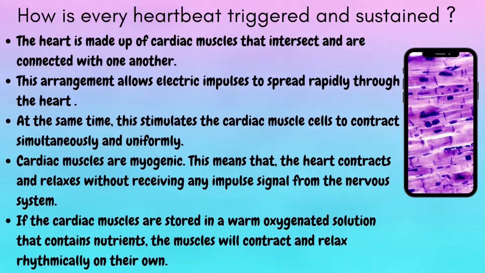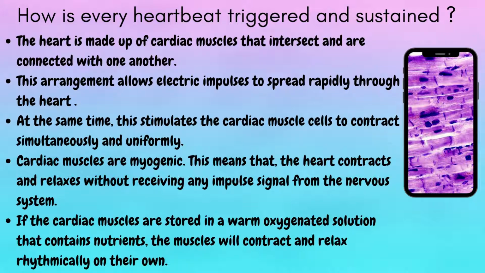So it sends electric impulses at a fast rate throughout the heart, and this happens because cardiac muscles are myogenic. This means that the heart contracts and relaxes without receiving any impulse signal from the nervous system. In other words, it has a different path from the brain and nervous system.